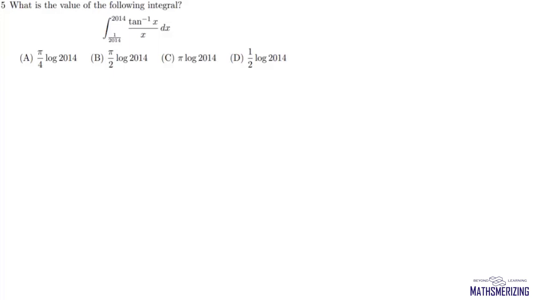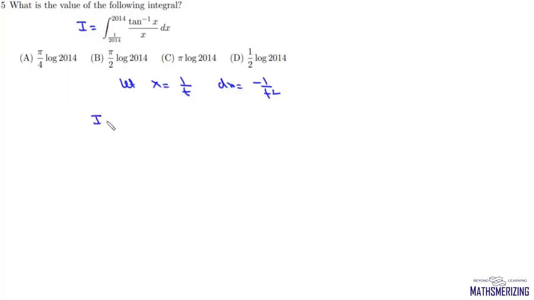Now question number 5 is, we need to solve this integral, which is say I, and it is the integral from 1 upon 2014 to 2014 of tan inverse x upon x dx. Now what we'll do is, we'll let x as 1 upon t, then dx will be minus 1 upon t square.